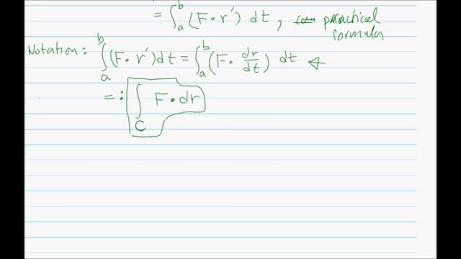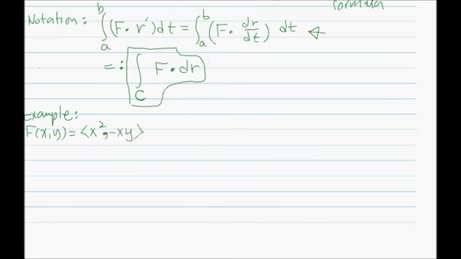Here's some examples. Let me write it a little bit small so that I can fit this one in. So suppose we have a force vector field given by x squared, negative xy. X squared is the x component and negative xy is the y component. And the path C is not given by a Cartesian equation, it's actually given by a parametric equation.